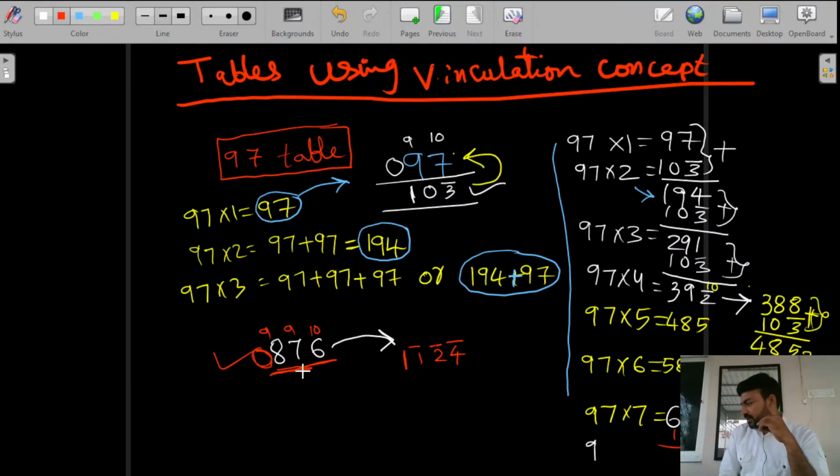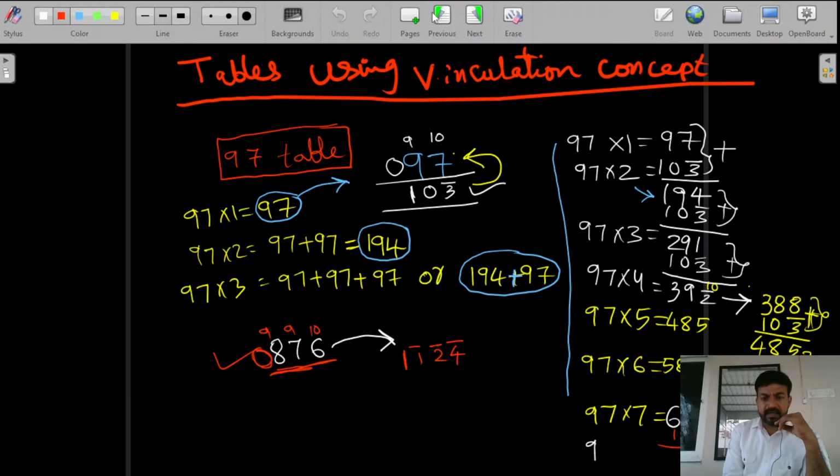Complete this. You can do 876 now. Can you do the 876 table right now?